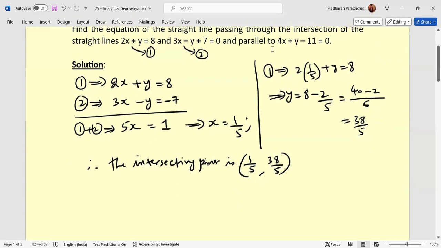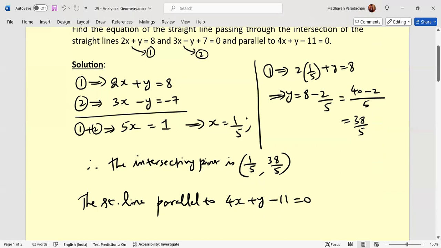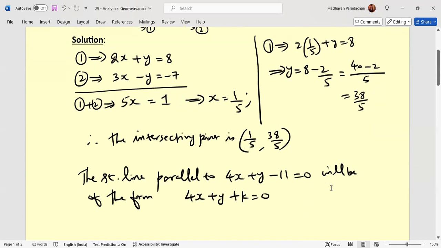Now, the straight line parallel to 4x plus y minus 11 equal to 0 will be of the form 4x plus y plus k equal to 0, where k is some arbitrary value.